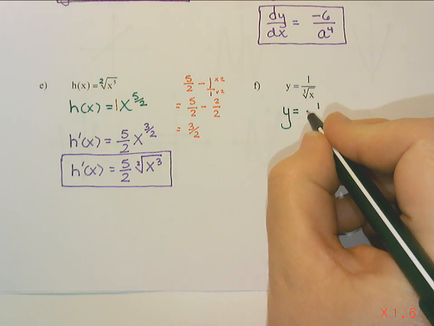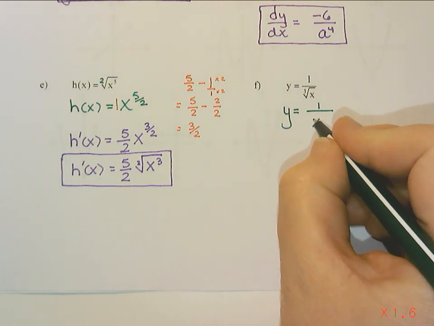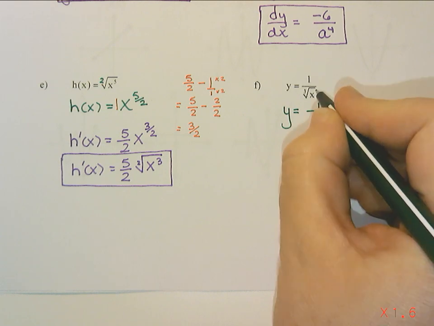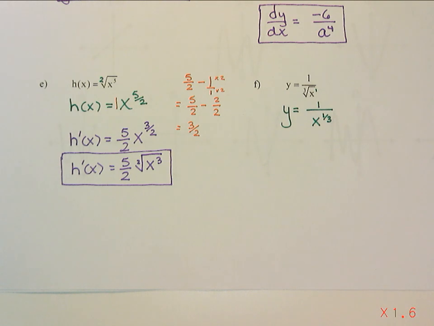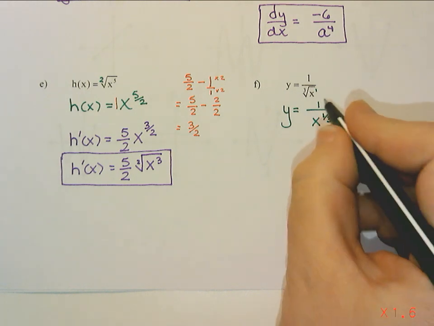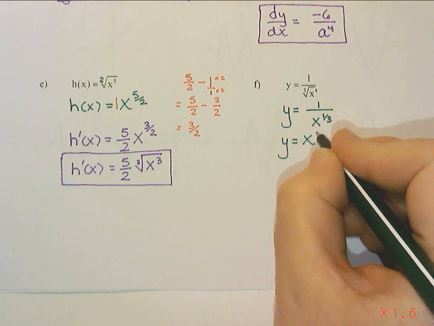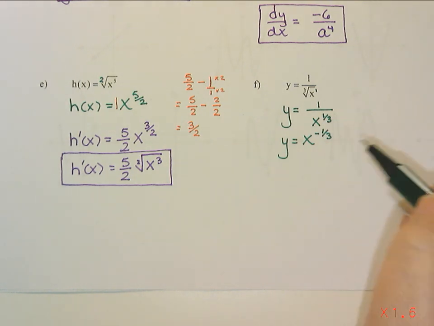So this is going to be 1 over the cube root of x is x to the power of 1/3. So this does have a secret exponent of 1, right? And then the 3 is going to be our denominator in our exponent. And then because it's a fraction, this is going to be x to the power of -1/3. Now, if you're capable of doing that in just one step, that is fantastic.